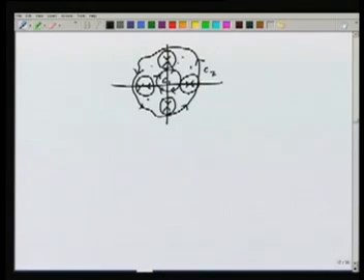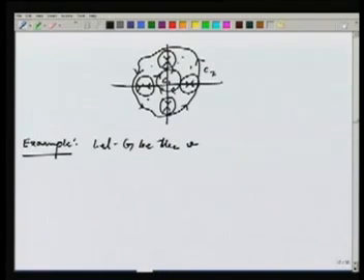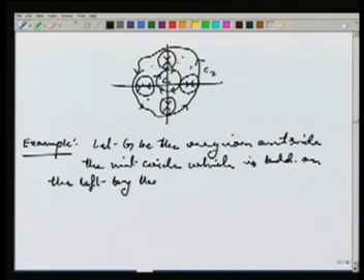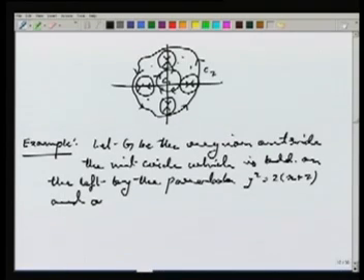So let me show it by another example here. Example: let G be the region outside the unit circle which is bounded on the left by the parabola y² = 2(x + 2), and on the right by x = 2.